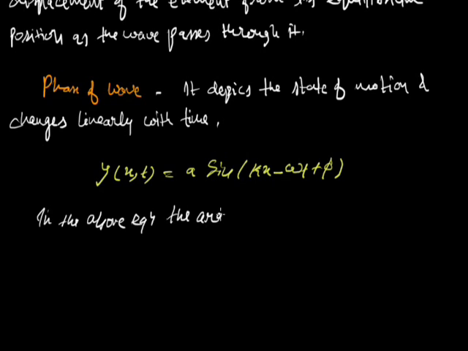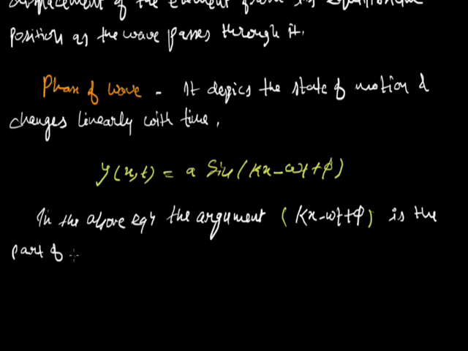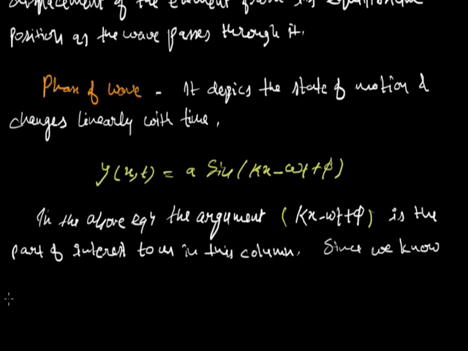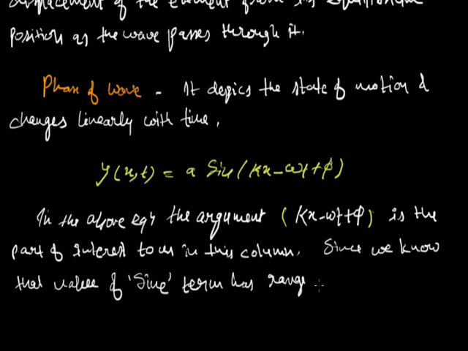the argument kx minus omega t plus phi is the part of interest to us in this column, since we know that the value of sine term has range from -1 to +1.